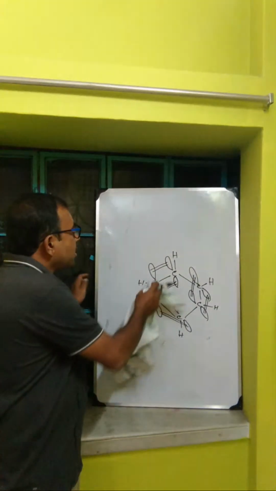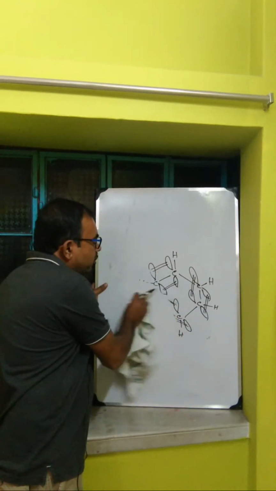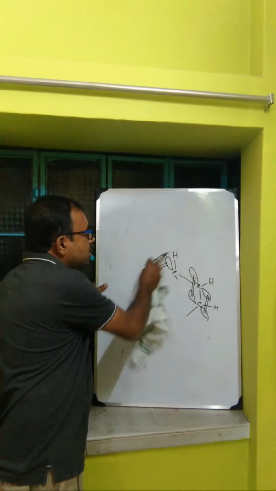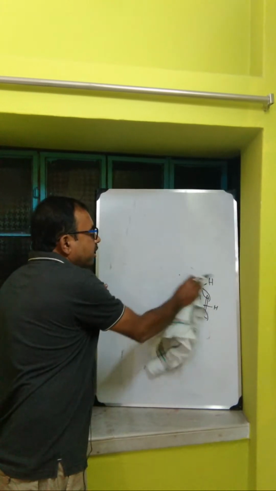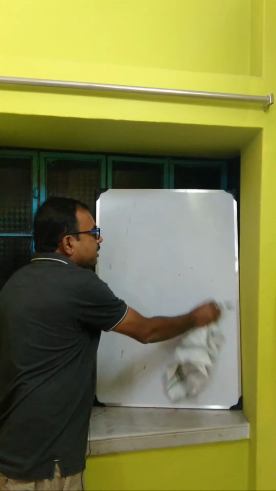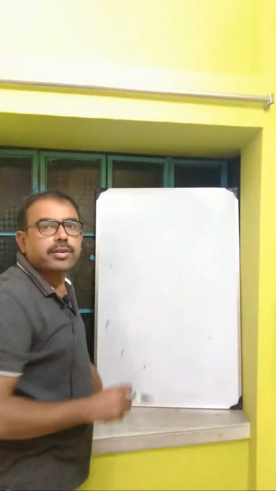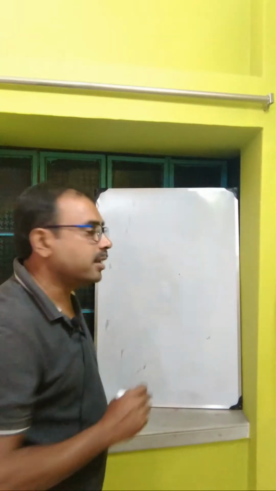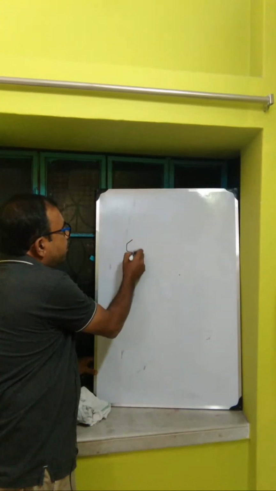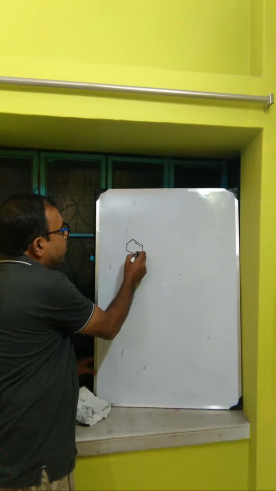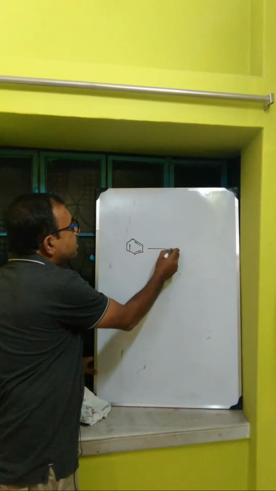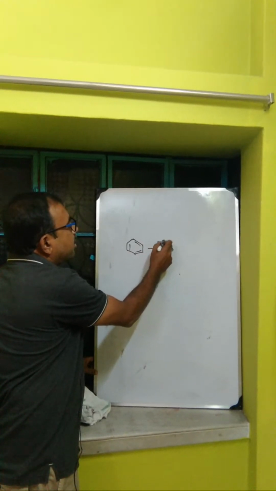Now let us see what happens when an electrophile comes in the vicinity of a benzene ring. Let us see the mechanism of electrophilic substitution reaction of benzene. So this is benzene where alternate pi bonds and sigma bonds are there, and this one is an electrophile.